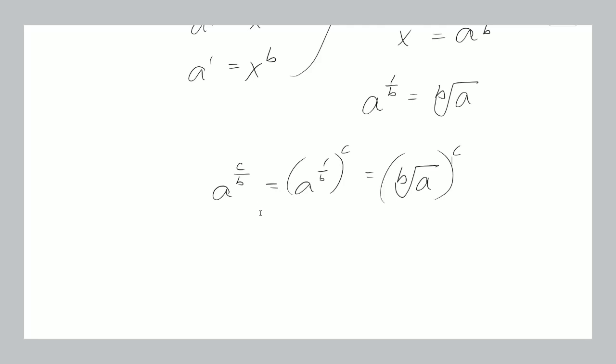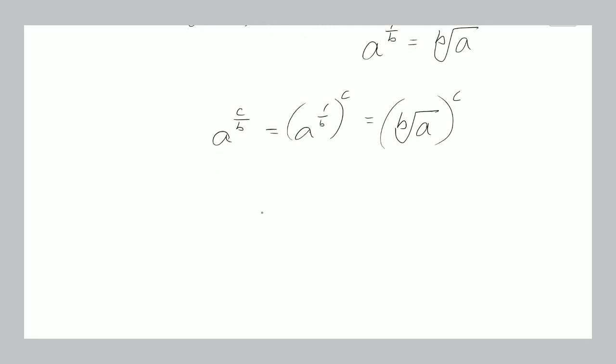Now we could also write that as a to the power of c, to the power of 1 over b. And again, the reason that works is because of this multiplication rule of exponents, right? And I'm going to write that out a little longer in a second. So this is a to the power of c, and then the bth root of that.